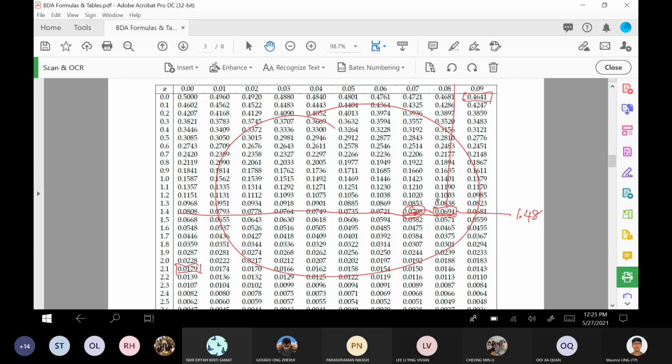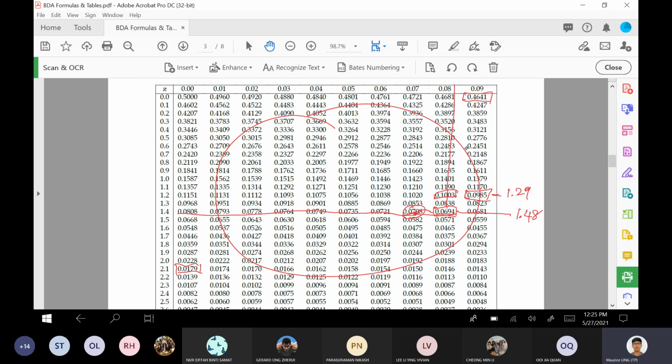So for a 10% failure rate, you should actually take 1.29. If you take 1.28, your failure rate will be 10.03%. It may not seem like a lot, but if you are manufacturing thousands of equipment, then that 0.03 may hurt your profits. That's what I'm trying to say.